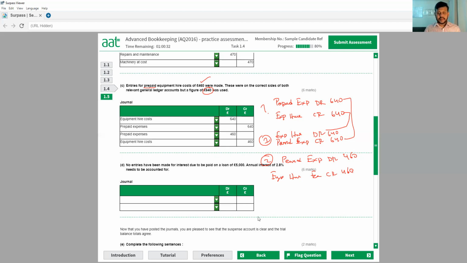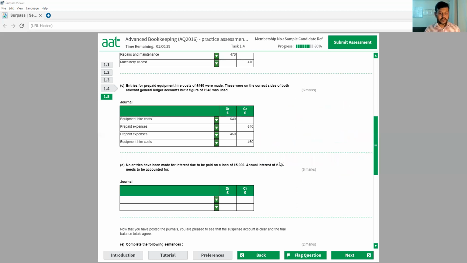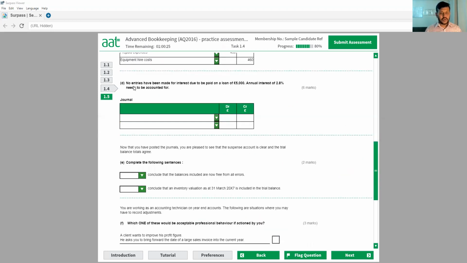All right, let's move to the next one. The next one we have here says no entry has been made for interest due to be paid on a loan of 5,000. Annual rate of interest 2.8% needs to be accounted for. Okay, so it's very easy. So we have loan interest.